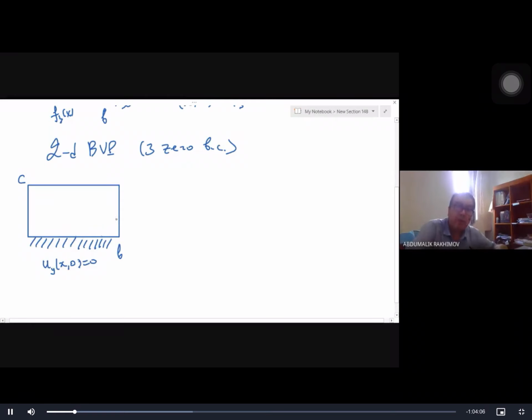If you have a heat flow through this boundary, going inside or outside, and the heat flow is given, then you can write the condition like this: Ux(B,y) is equal to F2(y), because the heat flow is along the x-axis.